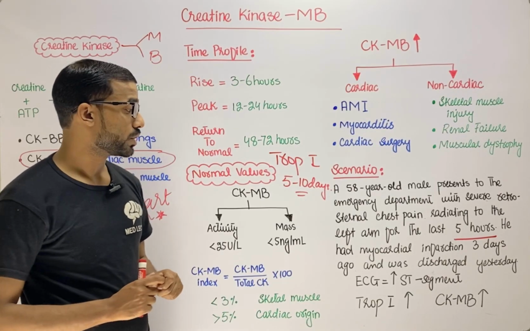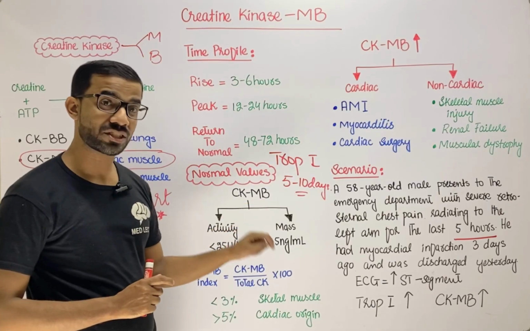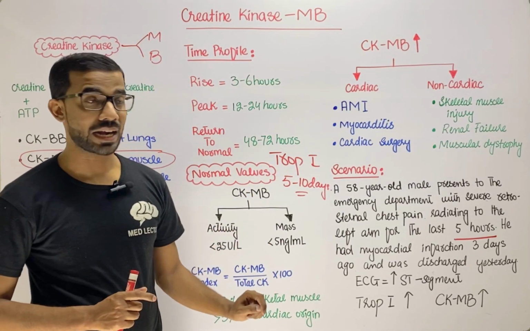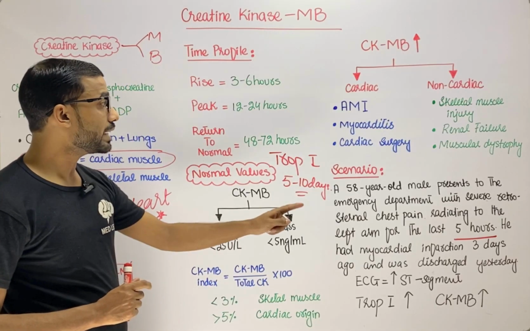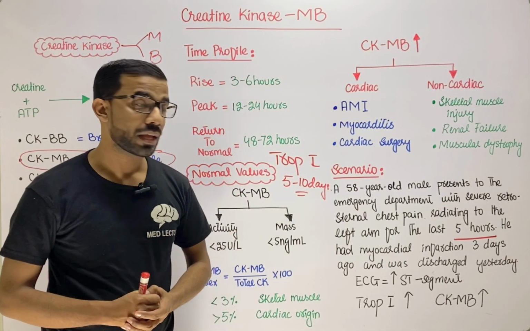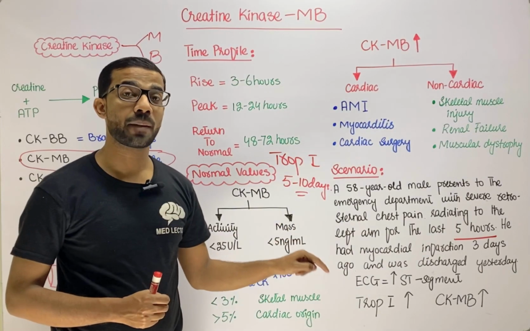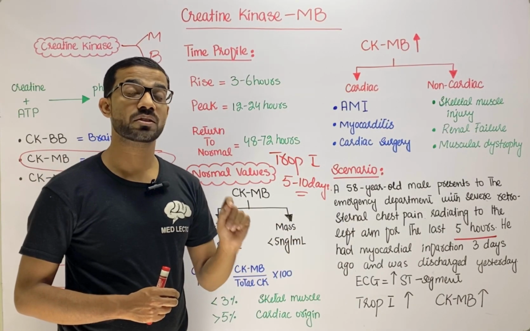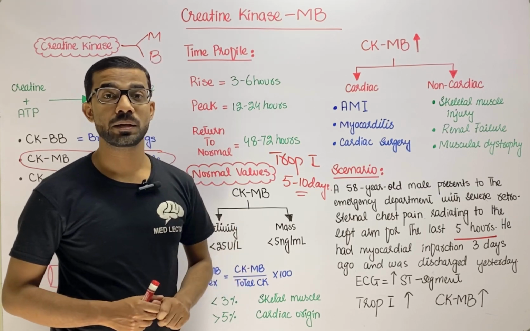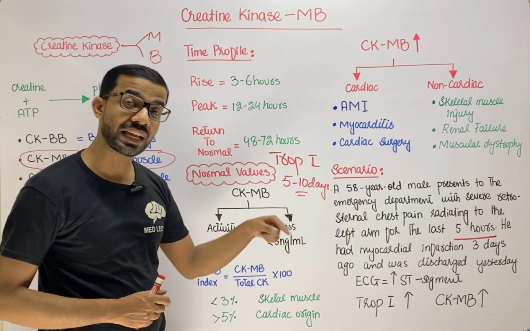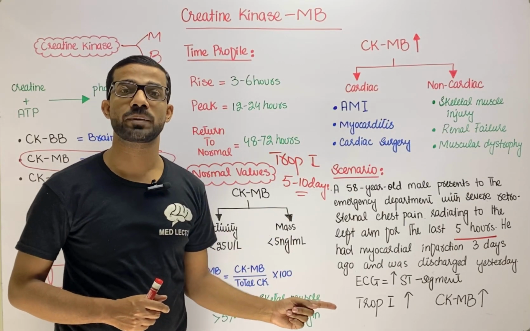It has been 3 days since the patient's MI. That's why troponin I is still present in the patient. But you can see reinfarction in this case, because in 3 days the CKMB should start normalizing, but still CKMB is present. It means that reinfarction has occurred in the body of the patient, because CKMB again started increasing.